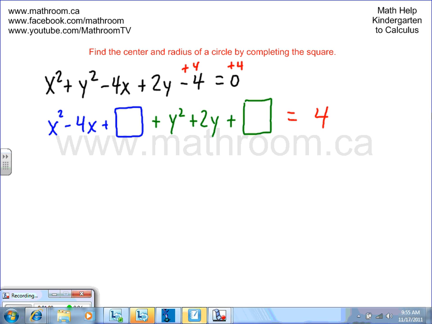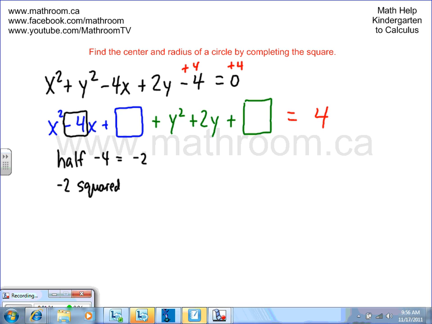Now, if we look at x squared minus 4x plus something, we need to find something to add to that to make that trinomial a perfect square. The way we do that is we take the coefficient of x, take half of minus 4, which equals minus 2. And then we take minus 2 and we square it.